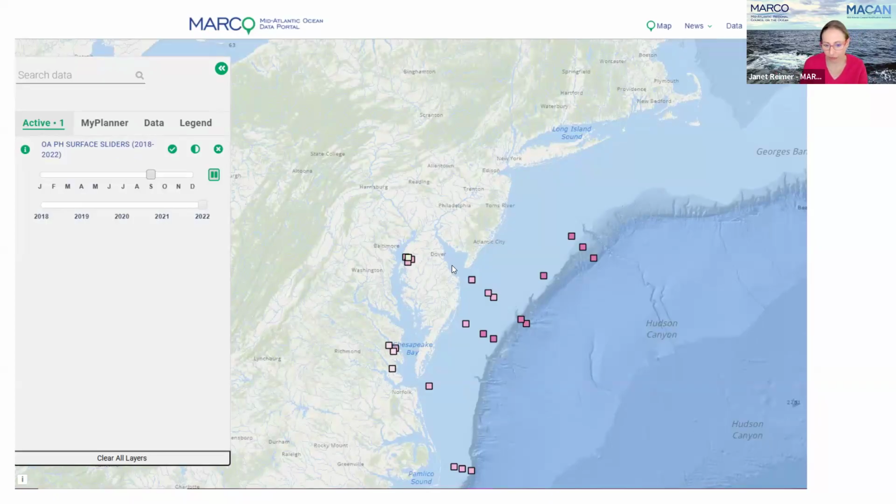And just for the sake of reference, let's say that, even though the range of American lobster is a little bit farther north than what I have, it was the first example on the graphic. So let's say that right here in the lower Chesapeake Bay, you have a pH that is not conducive to American lobsters, let's say a pH of 7.1.